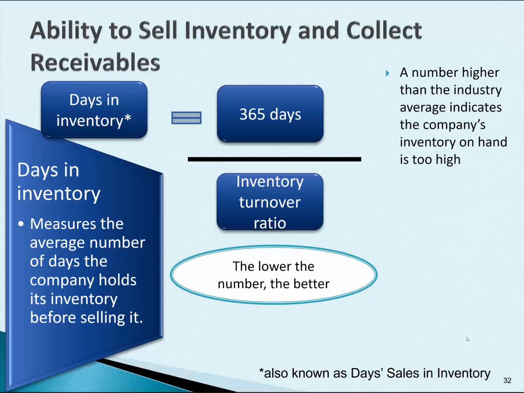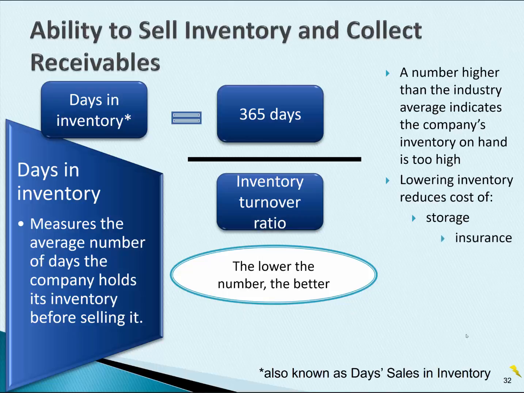So if the number is higher than the industry average, the company's inventory on hand is probably too high. So if the company could lower the cost of inventory, lower the amount of inventory, they also are eliminating storage costs and insurance costs.